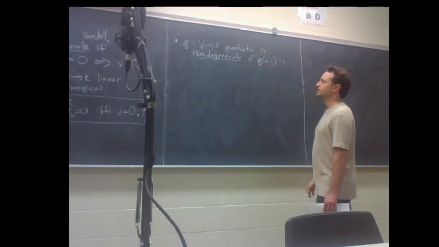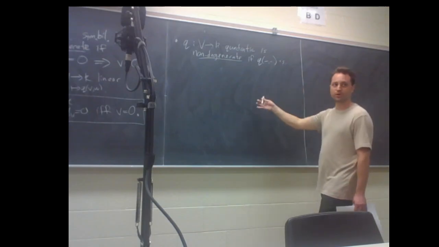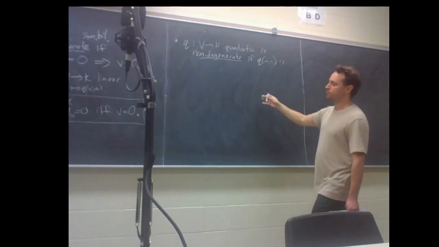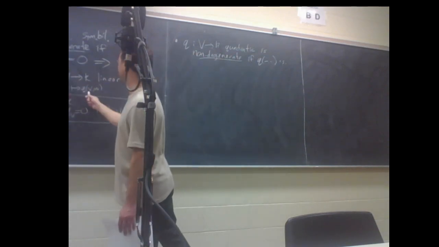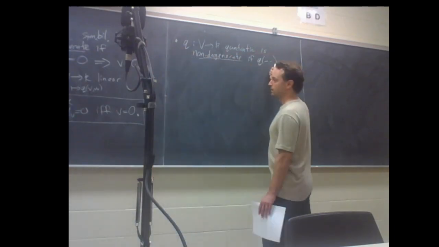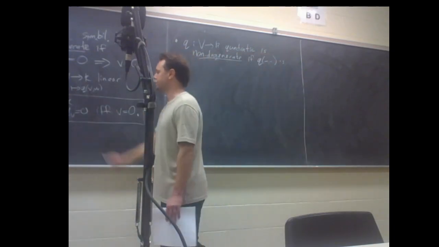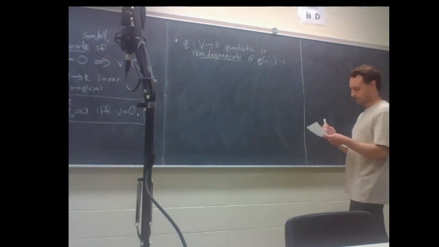It's not quite as easy to check. It doesn't mean that Q is non-zero on every vector, but it means that if you pick any vector and take the linear operator defined by plugging in a W in the other coordinate, then this operator is non-zero. There's some value for which it gives us something non-zero.